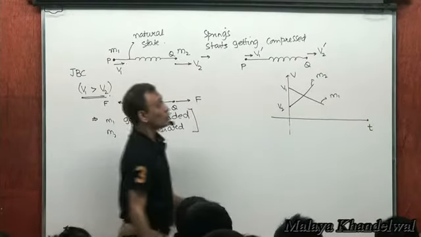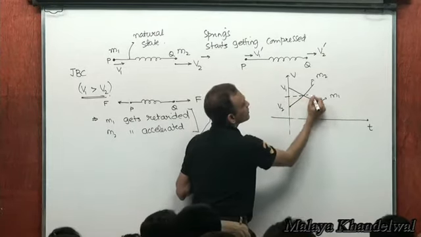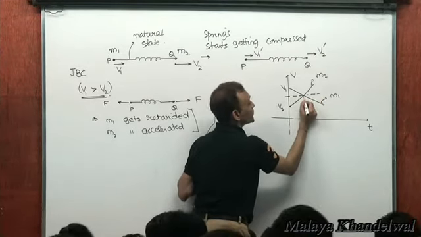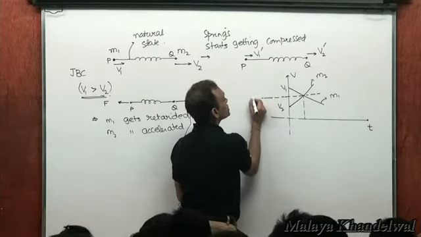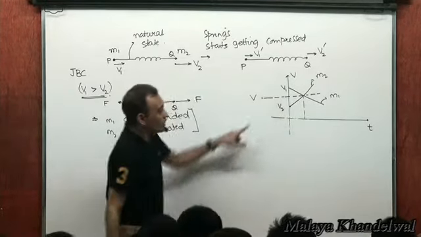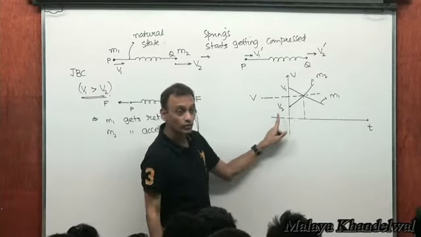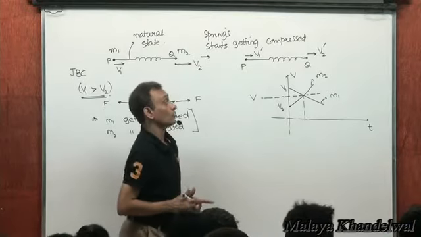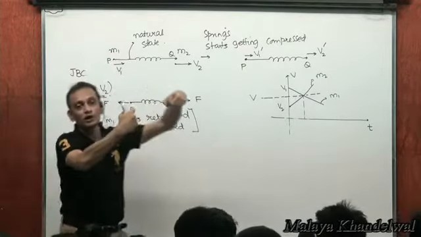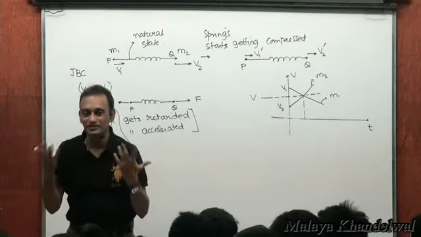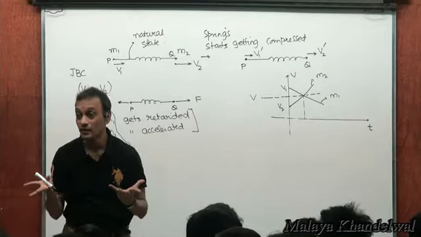Right? Now, at some instant their velocities will become equal. At some instant, the velocities of both will become v. Yes or no? Isn't it? Now, when the velocities of p and q both become the same, the spring will not get compressed any further.